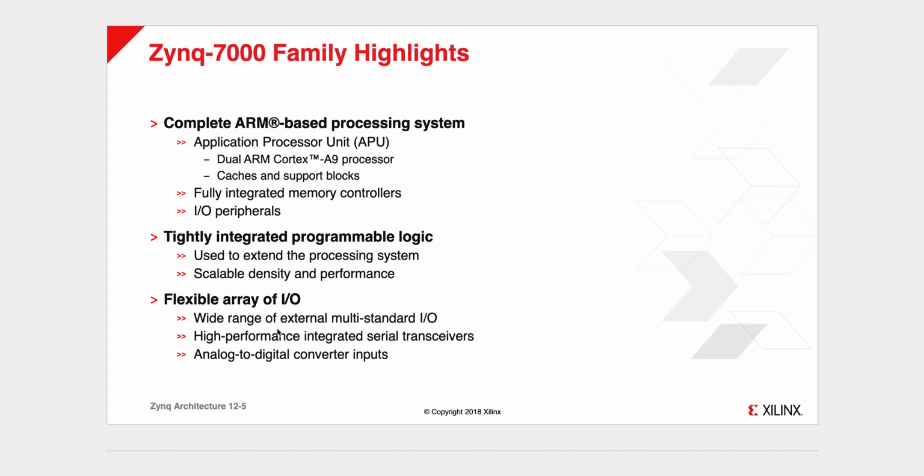So, which means that the ARM Cortex A9 processor, which is part of the Zynq SoC 7000 family, uses a unified memory space. What do we mean by unified memory?